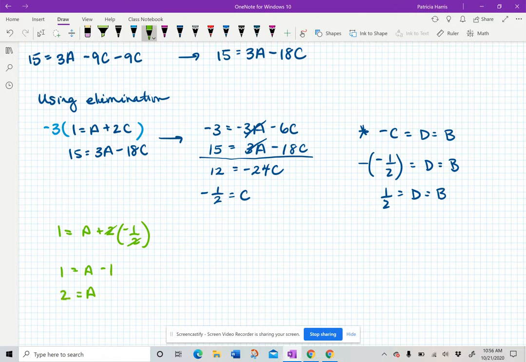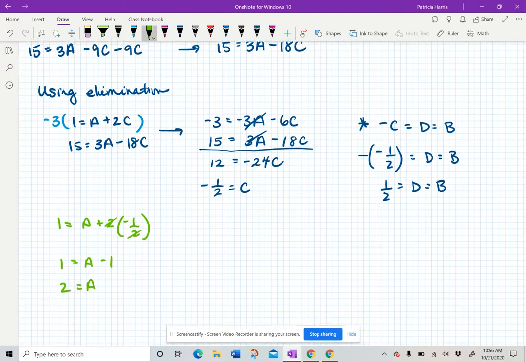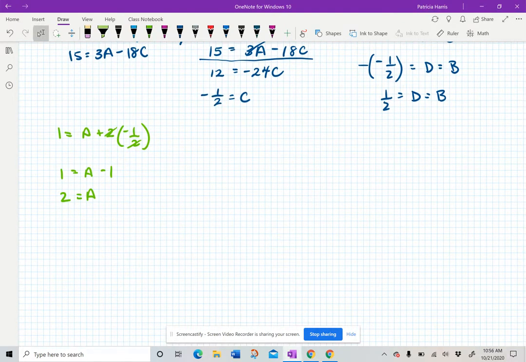So a equals 2. Okay, so now I know a equals 2, b equals 1/2, c equals negative 1/2, and d equals 1/2.